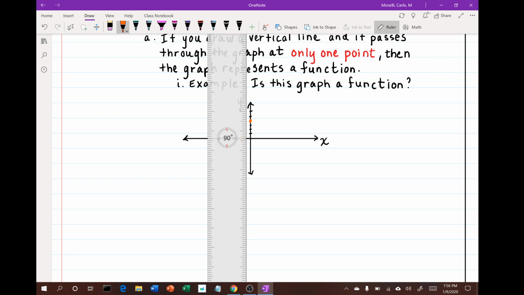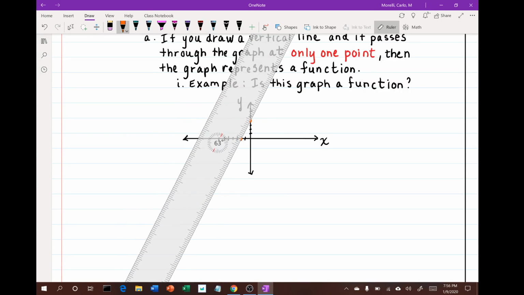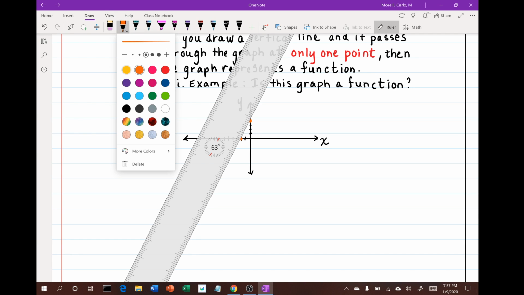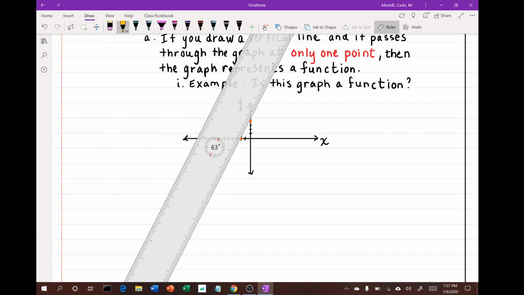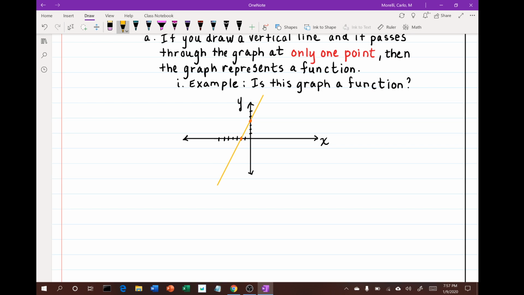Get the ruler in here. Is this graph a function?